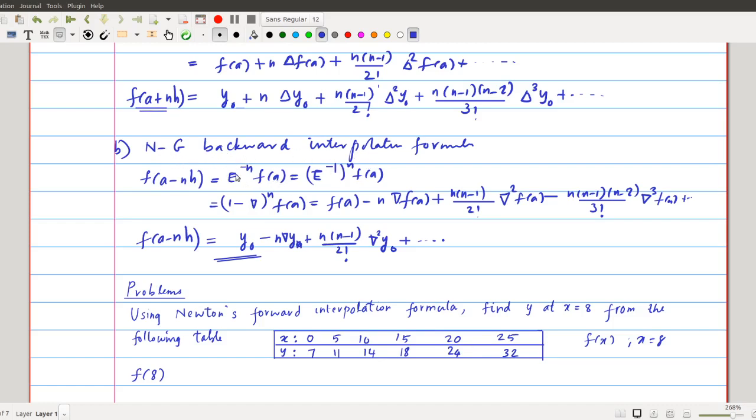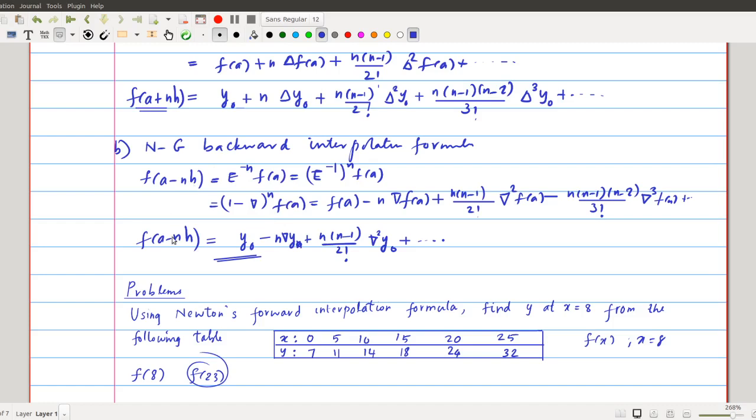At that time, in order to evaluate f of 23 or f of 17, we compare this quantity with f of a minus nh. So this is the remark given on these formulas, Newton-Gregory backward and forward interpolation formula.